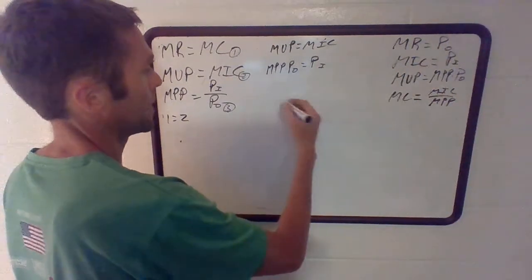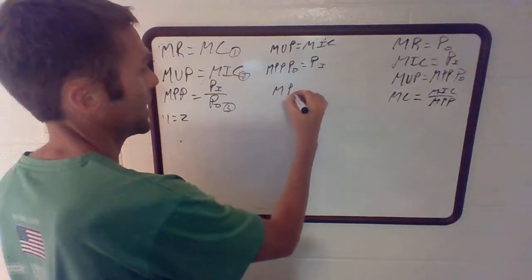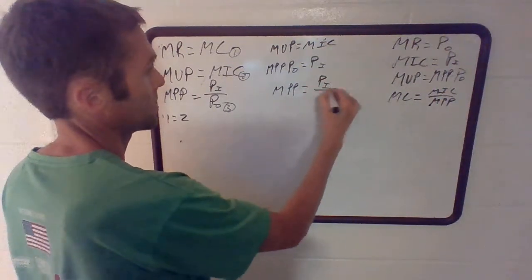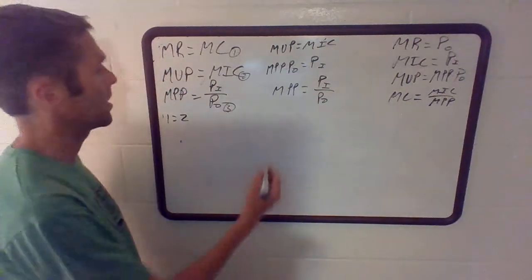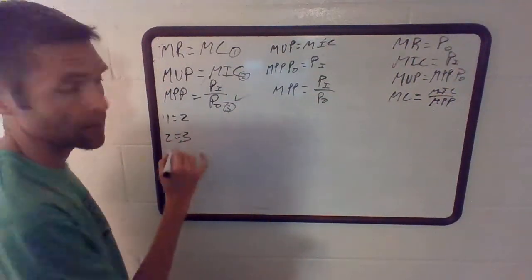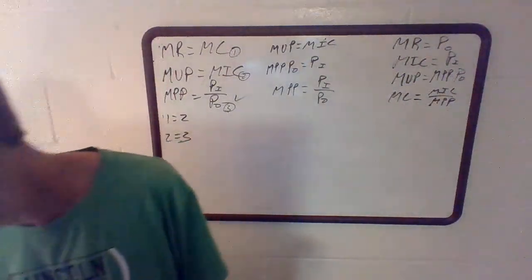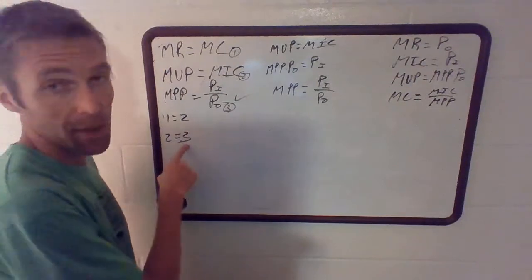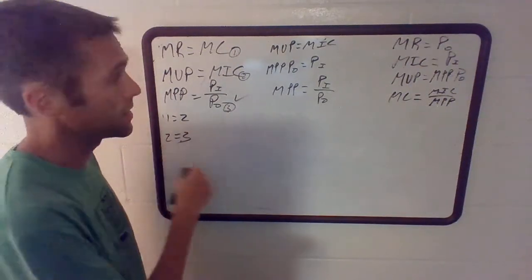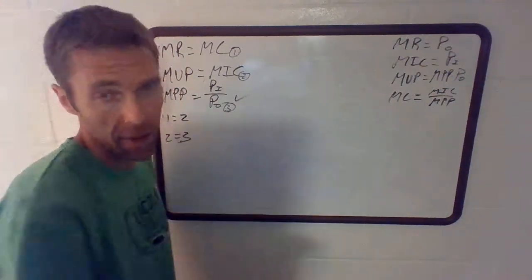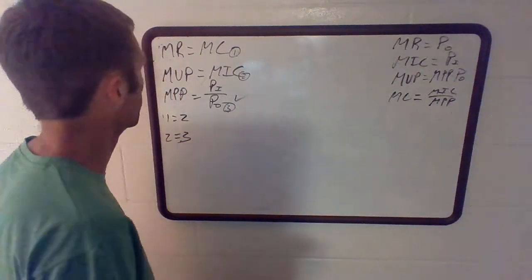Right? And if I just divide both sides by the price of the output, the price of the input divided by the price of the output, oh, there it is, number 3. So now I've said that 2 is equal to number 3. Well, gosh, if 1 is equal to 2 and 2 is equal to 3, it holds that 1 is equal to 3 by that old thing, the transitive property, which still holds.